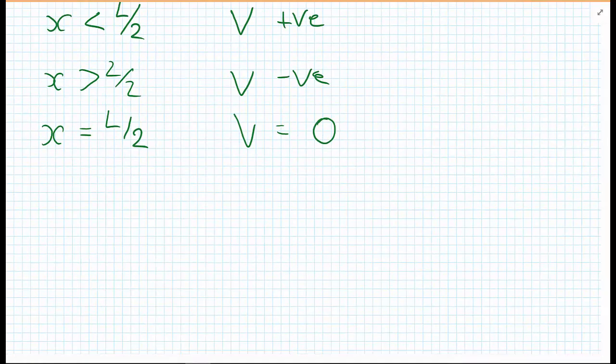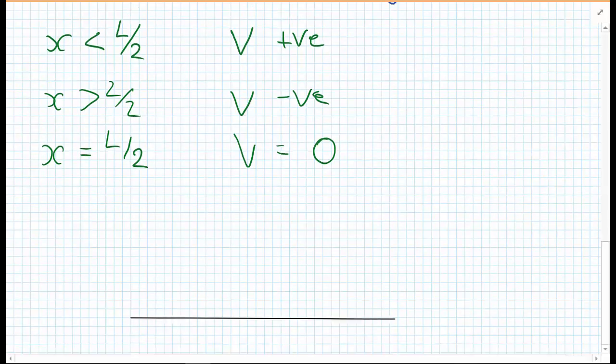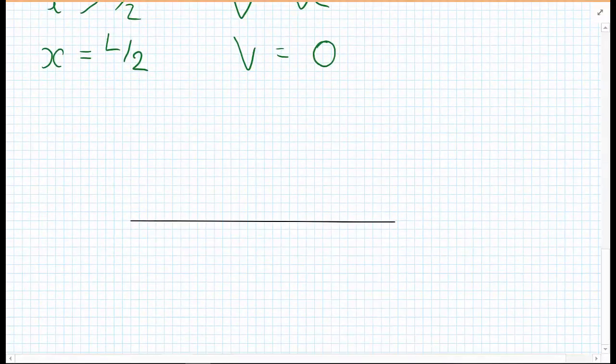Let's draw the coordinate axes. We know at the left hand side the shear force is WL upon 2, and at the right hand side we have minus WL upon 2.